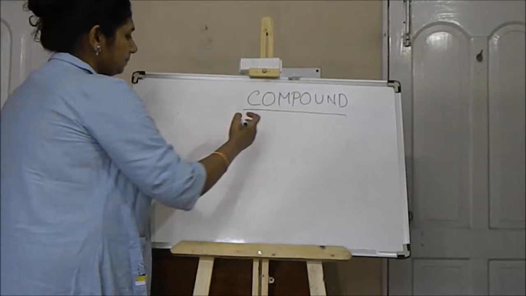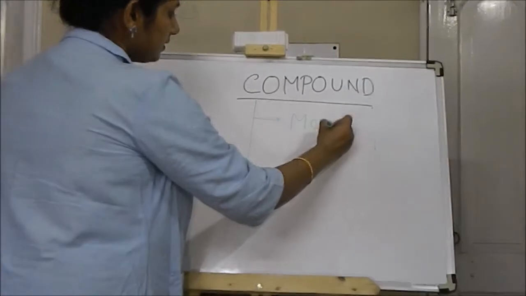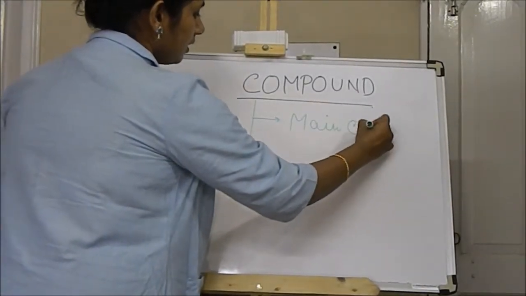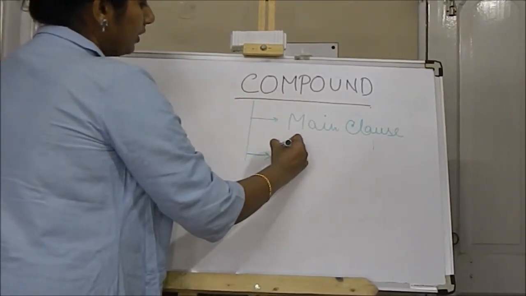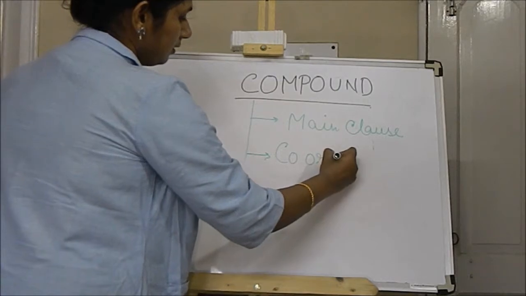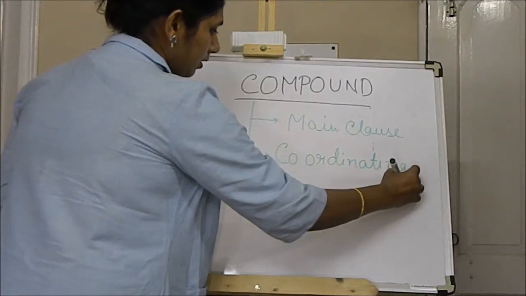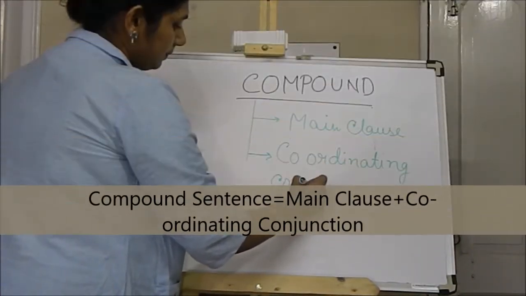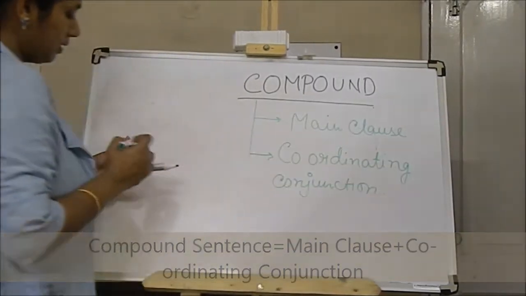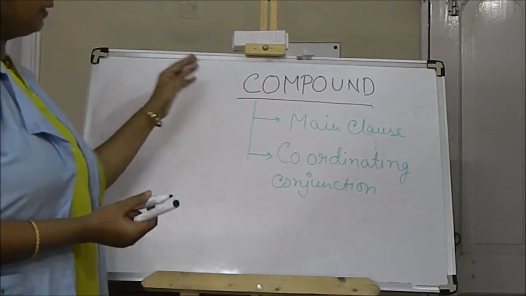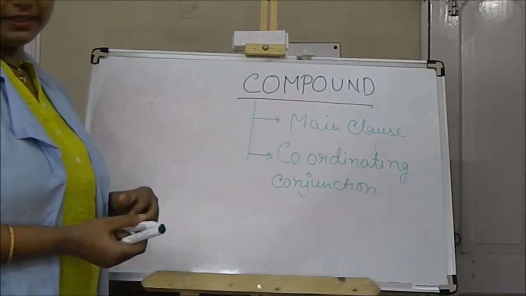One is main clause, number two, coordinating conjunction. So before knowing about compound sentence, we have to know what is the main clause and what is the coordinating conjunction.